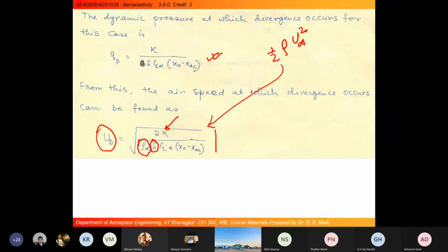Now let me come to the experimental procedure. Suppose we are taking CMAC, the coefficient of moment about the aerodynamic center, equal to 0, and we are taking x naught and CG to coincide, then these two will be equal to 0.